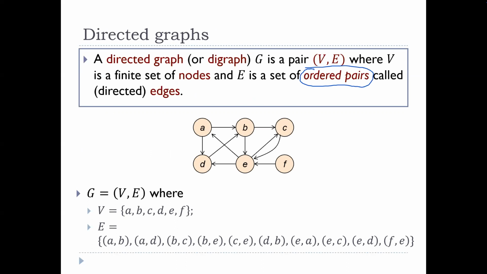These are called directed edges. For example, the standard representation of a graph is the following. We give the set of nodes V and the set of edges. In this particular example, the set of nodes are A, B, C, D, E, F. And what are the set of edges?